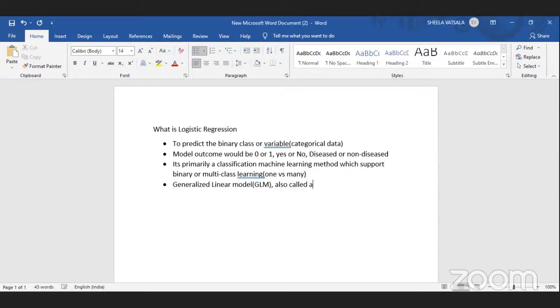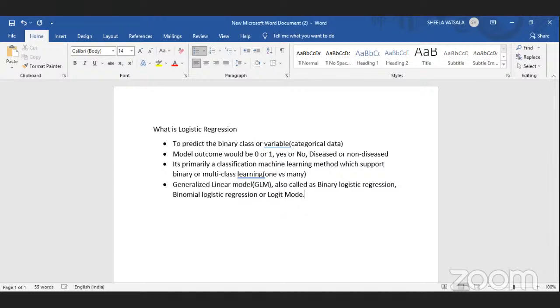Also called binary logistic regression, binomial logistic regression, or logit model.